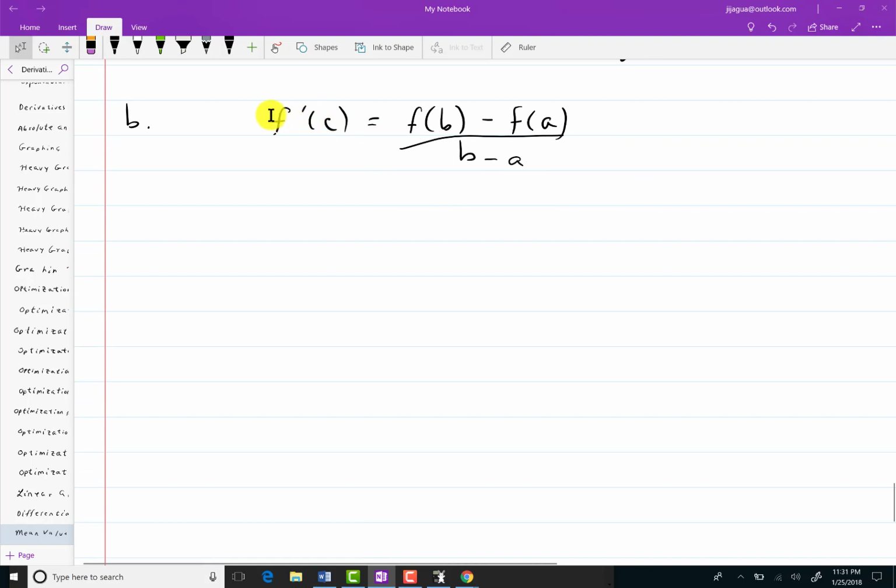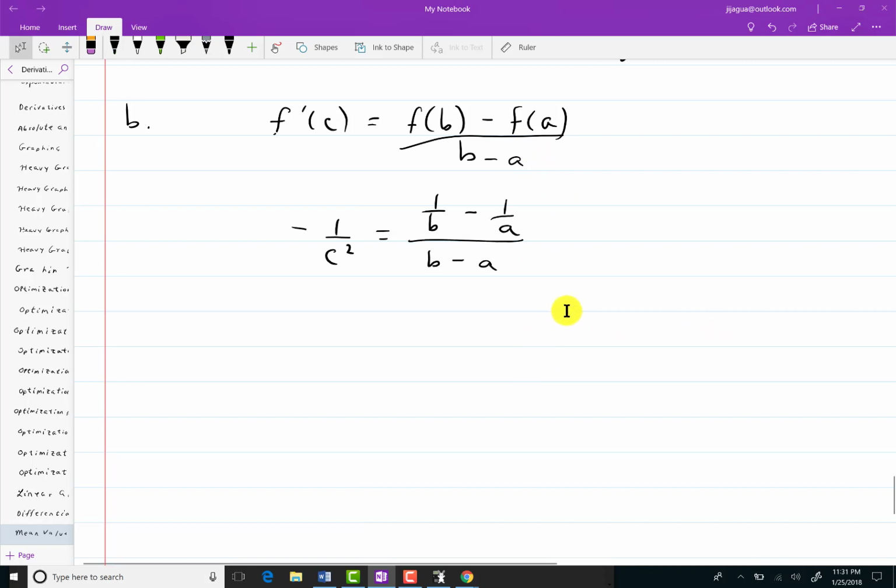Now, f of x was 1 over x, so f prime of x is negative 1 over x squared. So I'm going to get negative 1 over c squared, and that's supposed to equal f of b is 1 over b, f of a is 1 over a, divided by b minus a.